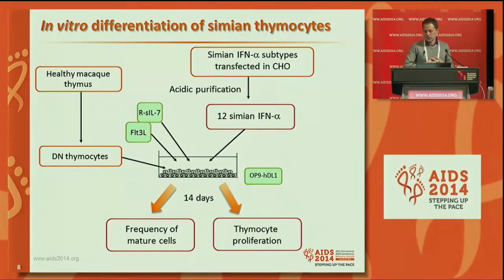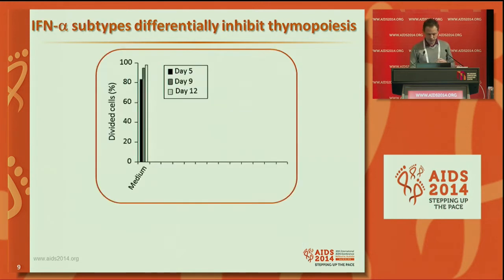After 14 days of culture of the sorted immature thymocytes, we assessed the frequency of mature cells and also their history of proliferation using a CFSE assay. As you can see, without interferon alpha in the medium, thymocytes extensively proliferate by day 5 post-culture.